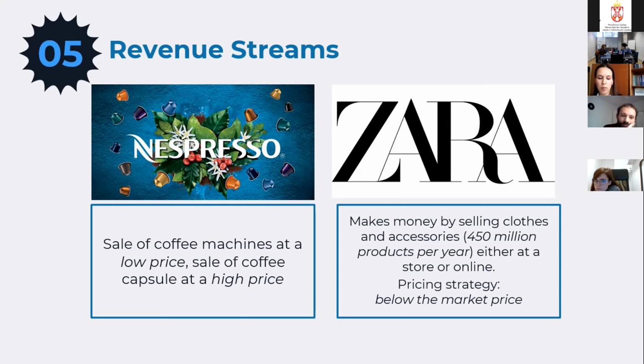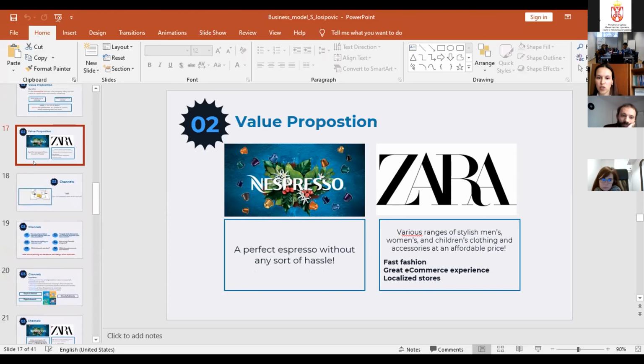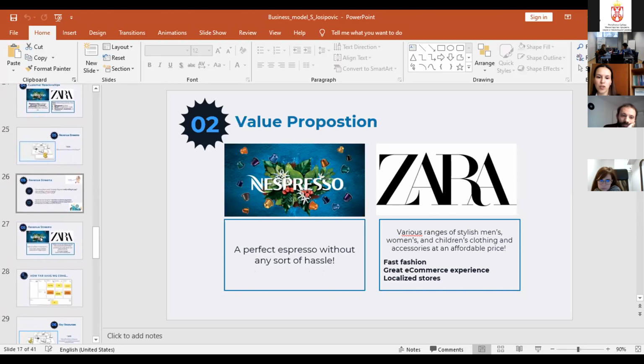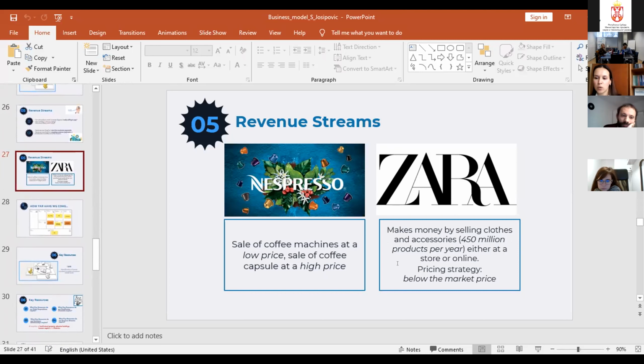And you can remember when we talked about the value proposition, we said that Zara offers various ranges of stylish men's, women's, and children's clothing and accessories at an affordable price. So now we can see that their marketing strategy is to offer their products at prices below the current market prices.